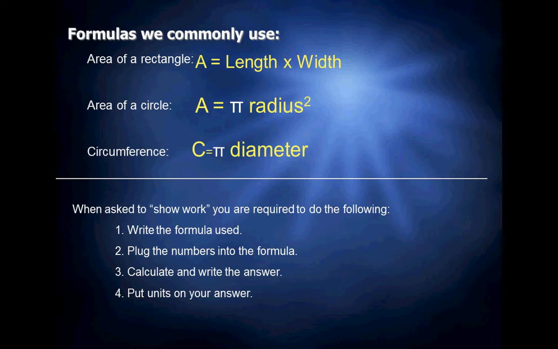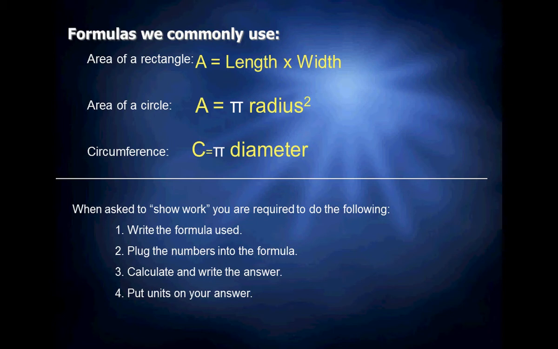Okay, so when on a lab, like we're going to be doing today, you're asked to show your work, I don't need to see your math work. I don't need to see your long division or multiplication. But what I want to see is a few things. First, you write the formula that you're using. Second, you write the formula again, but this time you substitute numbers in for the variables.